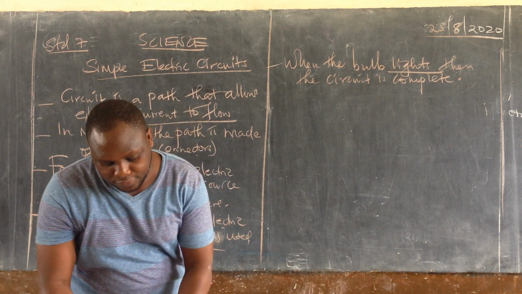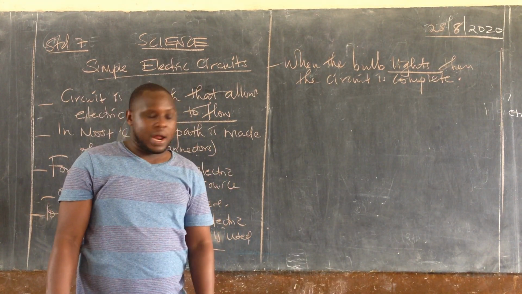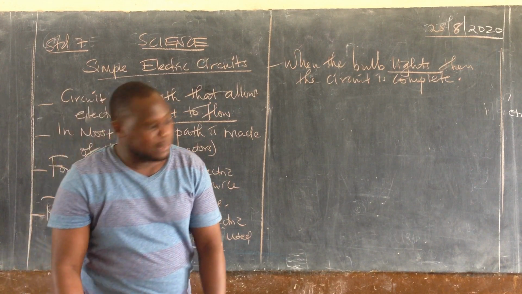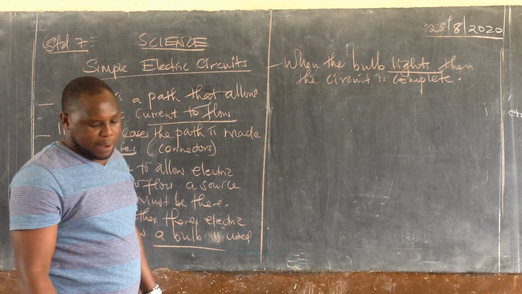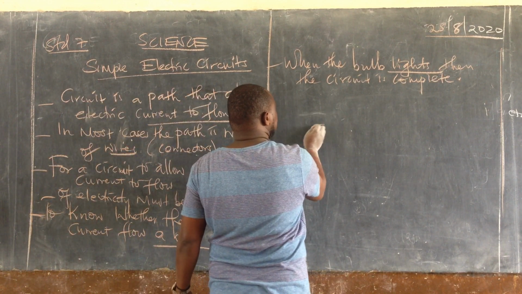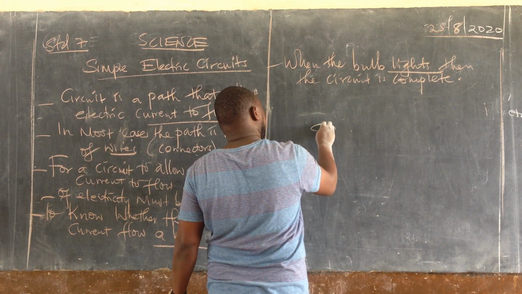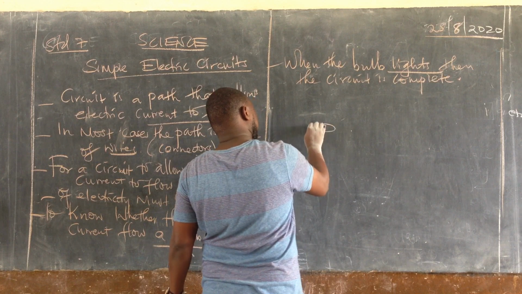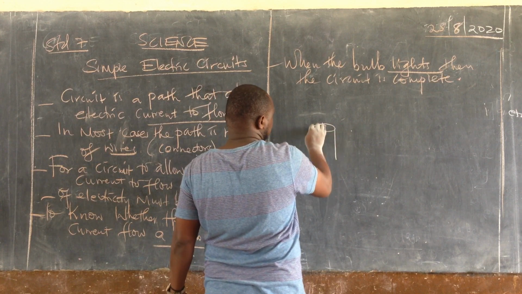So I want us to have a demonstration of one simple circuit, whereby we need to have the source of electricity that is going to be the cell, the dry cell.